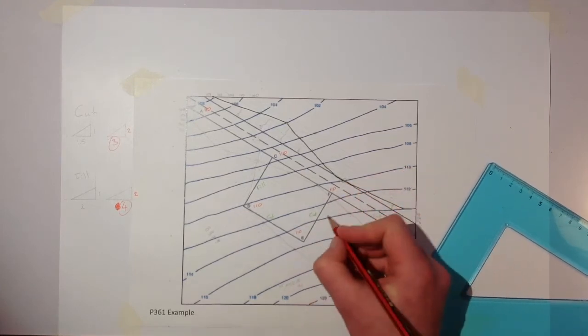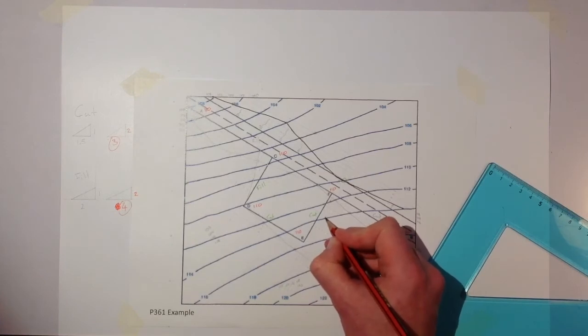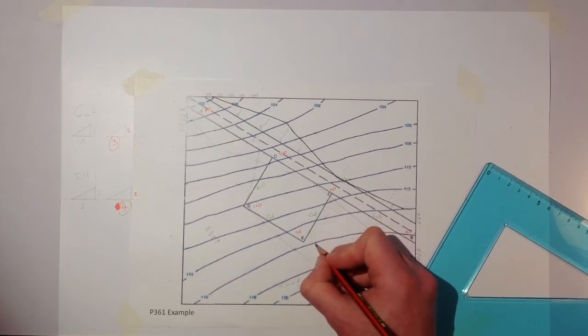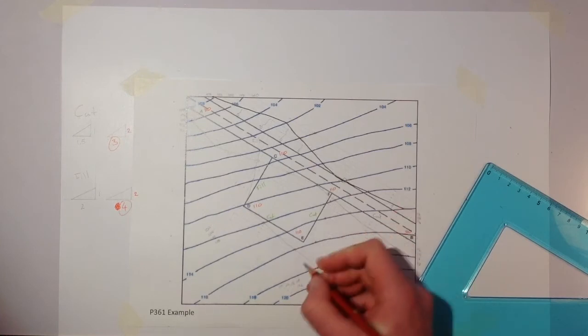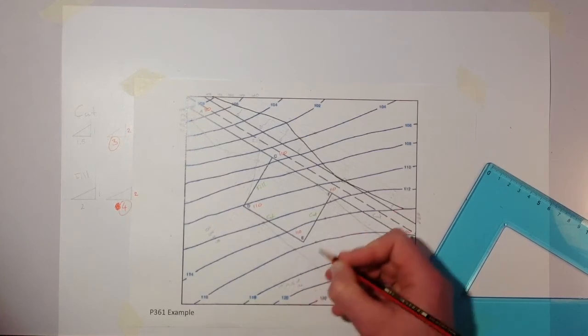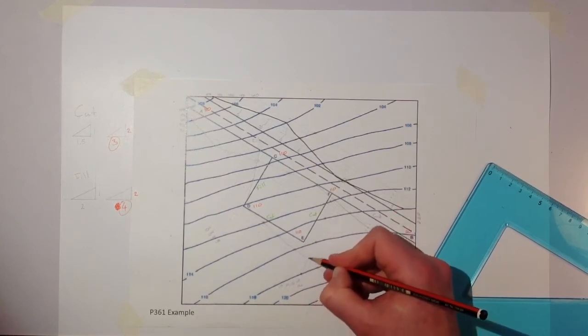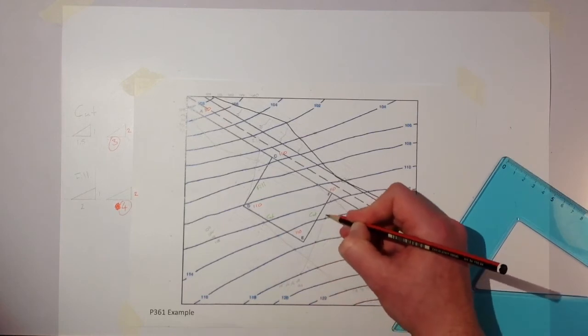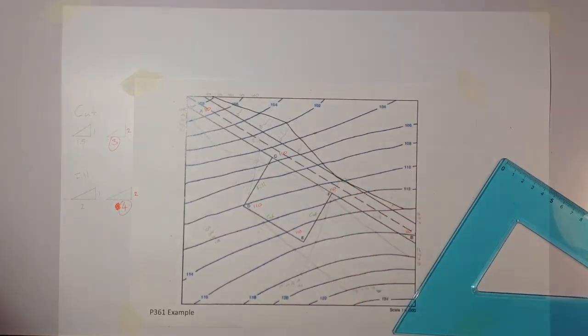So 114 at this one, 116 at this one, and 118 at this one. And what I get then when I join those up is these lines that are all kind of crossing, okay? And what we're looking to do here is to get one continuous line between each one of these on this side.